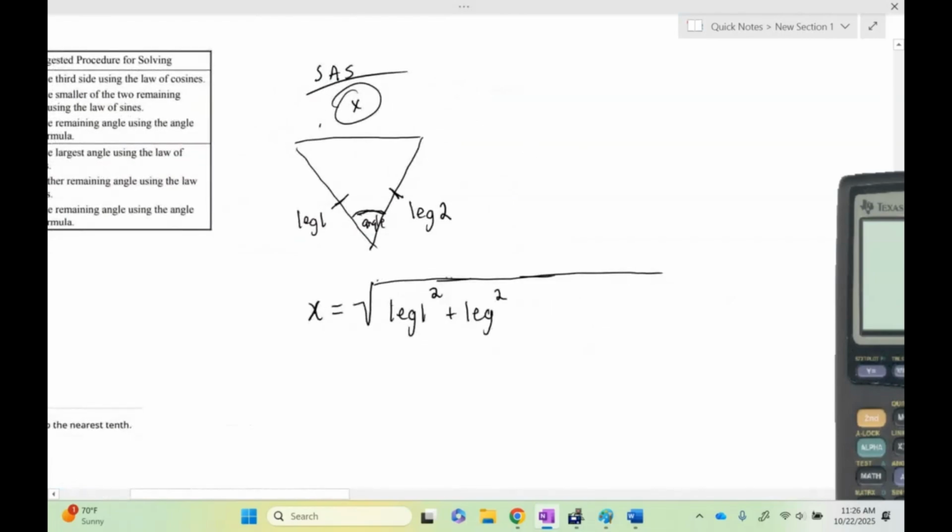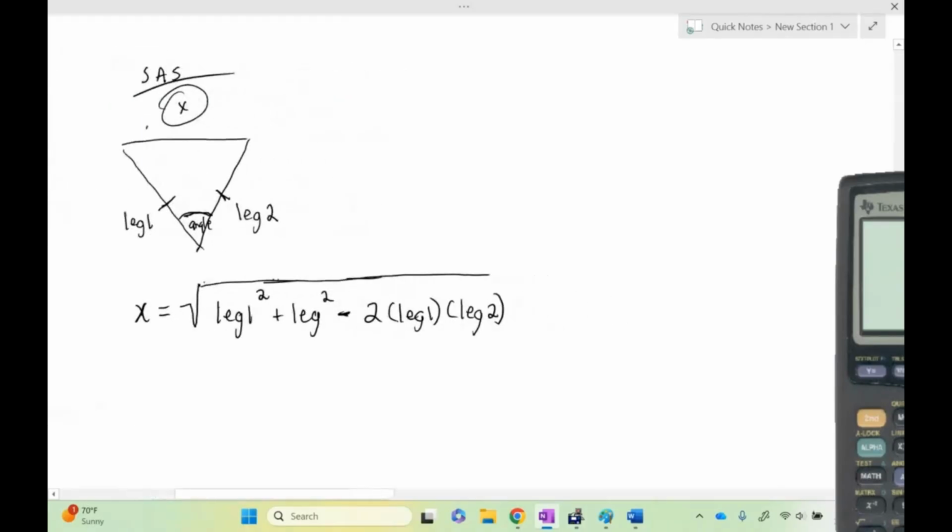So this is the pattern. Minus 2 times one of the legs times the other leg times the cosine of the given angle.